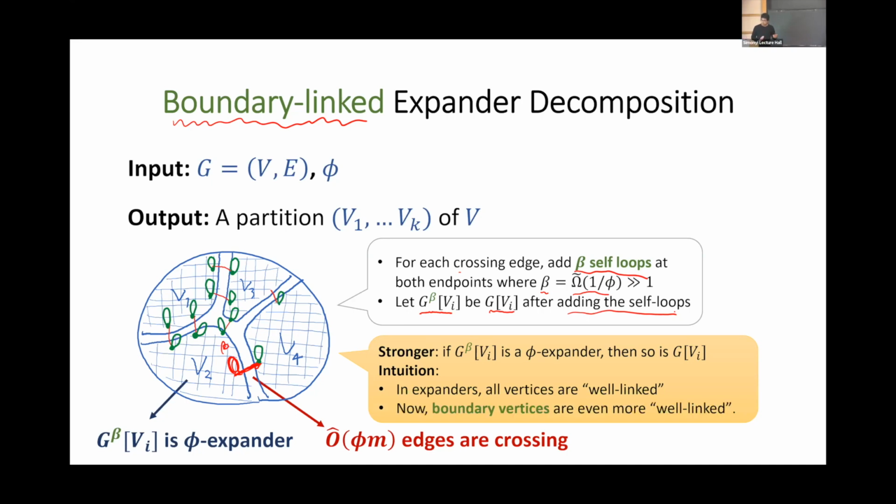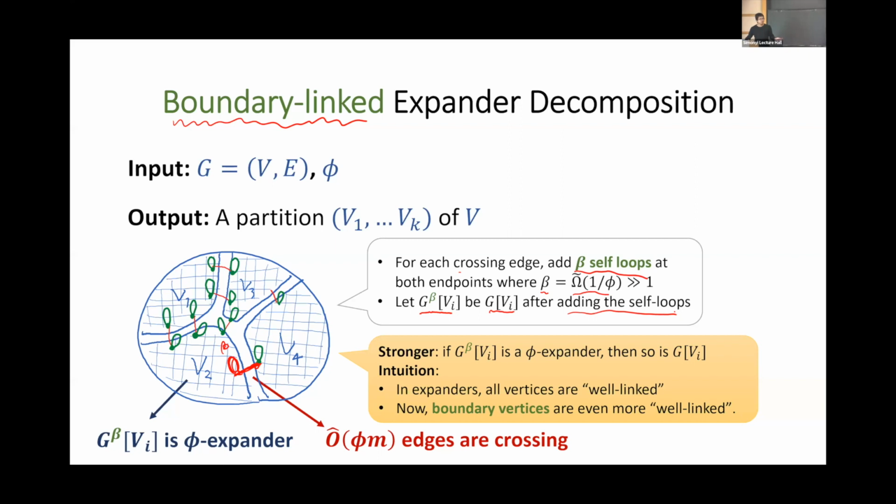Now with these self-loops at the boundary, even after adding them the boundary vertices remain in the expander, so they are even more well linked with each other inside the expander. So this is boundary-linked expander decomposition, strictly stronger than expander decomposition, and you can compute it too.